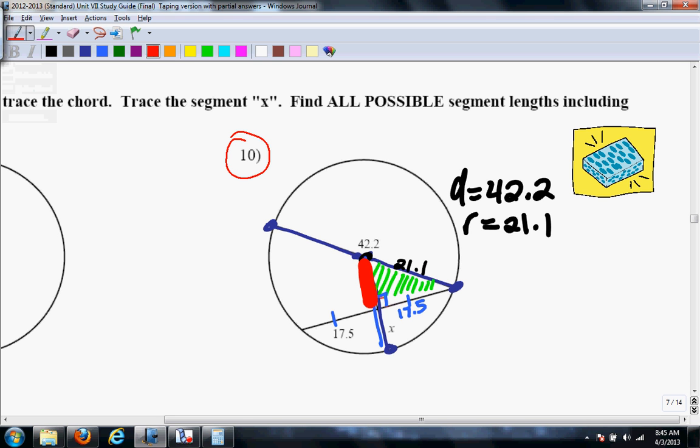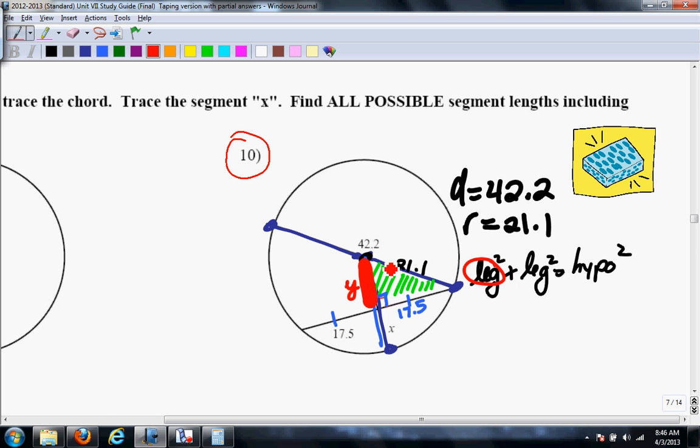Now warning, that red is not x. That is not the length of x. We're going to call that a different variable so you don't get it confused. We're going to call that red y. If we have two sides of a right triangle, we can use the Pythagorean theorem. So we can do leg squared plus leg squared equals hypo squared. Now very carefully circle, plug, chug.